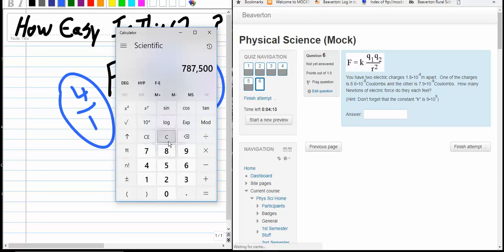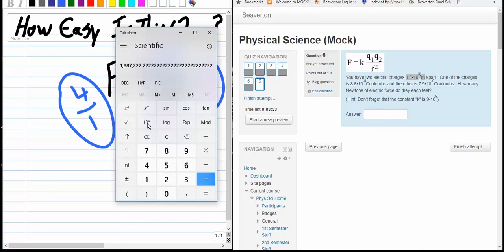And here it is again, so let's clear this out. K is always 9 times 10 to the 9th times, one of our charges is 8.6 times 10 to the negative 8th, times the other one, 7.9 times 10 to the negative 9th, and then that all gets divided by the distance squared, so that's 1.8 times 10 to the negative 6 squared.